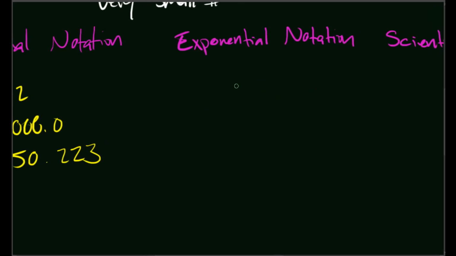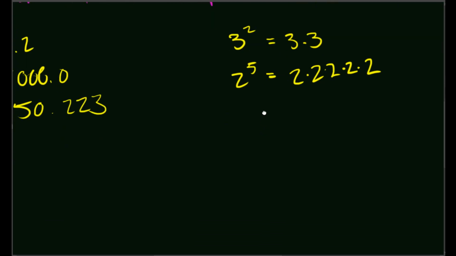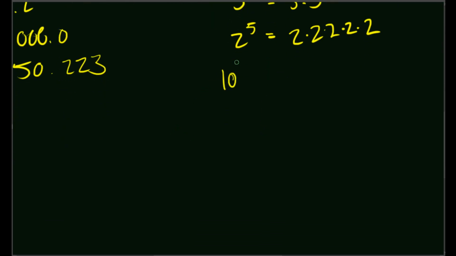Exponential notation, so what's an exponent? It's just a number raised to another number. For example, we have 3 to the power of 2, that would just be 3 times 3. Or 2 to the power of 5, that would just be 2 times 2 times 2 times 2 times 2. Or let's say 10 to the power of 3, that would be 10 times 10 times 10.